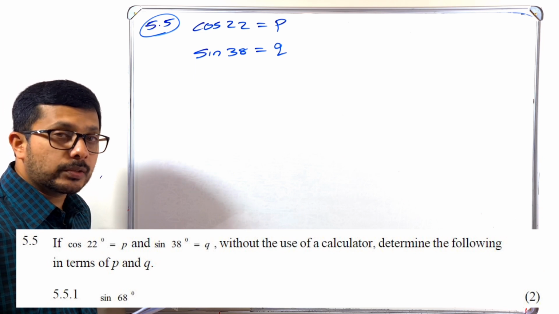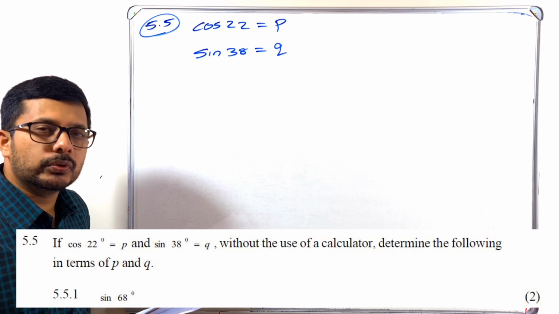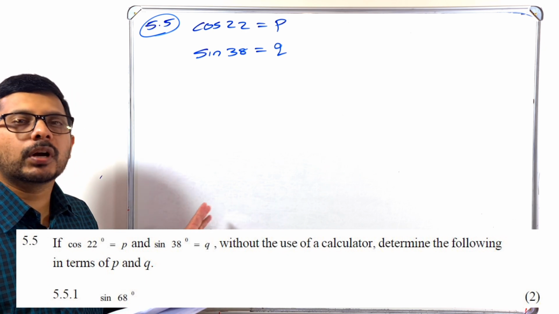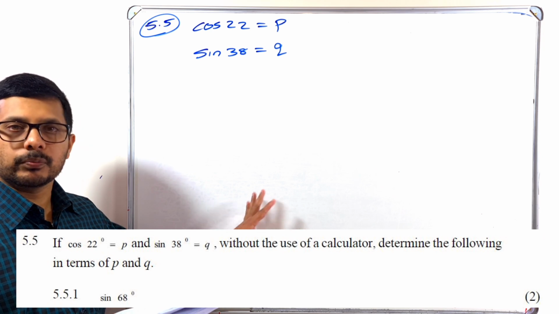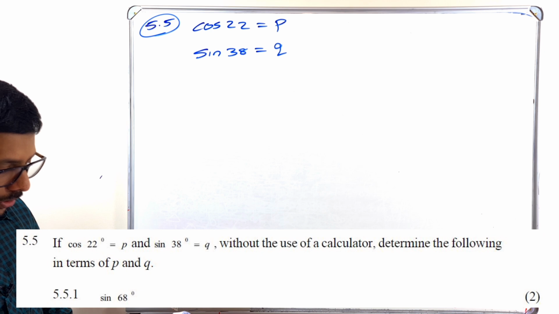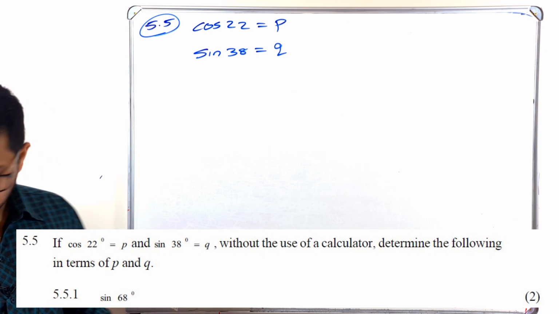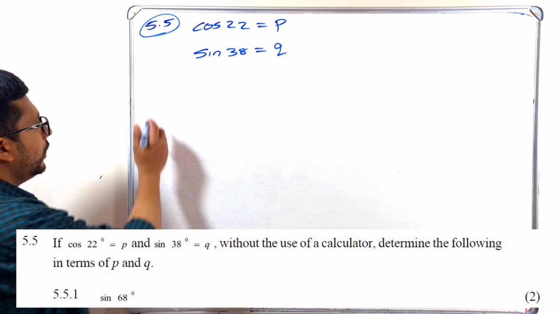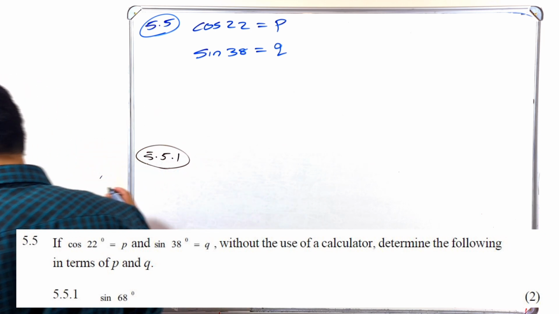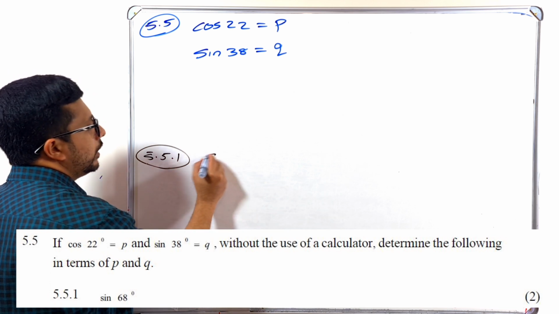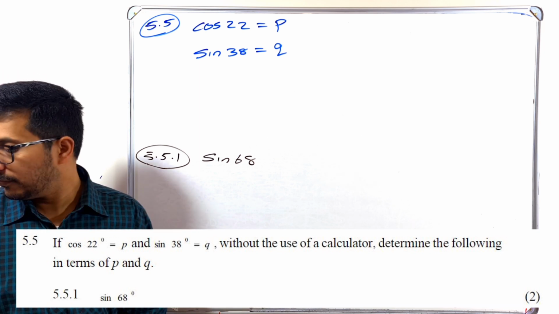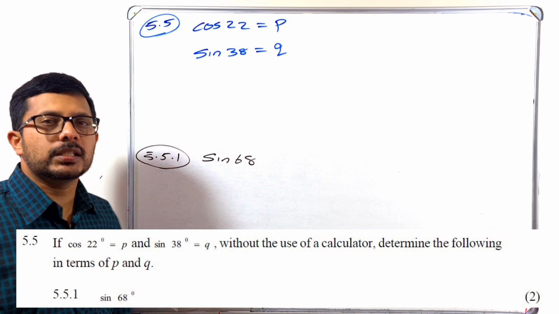So what is the meaning of that? In terms of P and Q. It means in your answer it is possible to write P and Q, or you want the answer in terms of P and Q. Now, what is the first question? 5.5.1, you have to find sin 68.